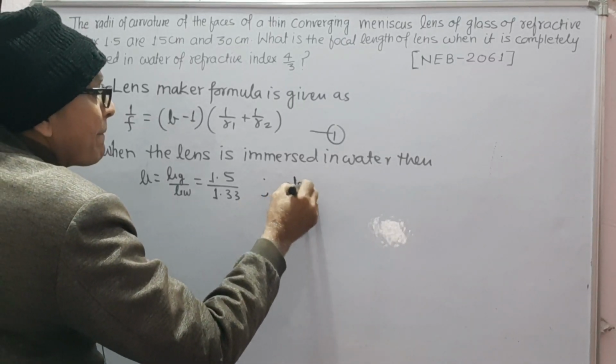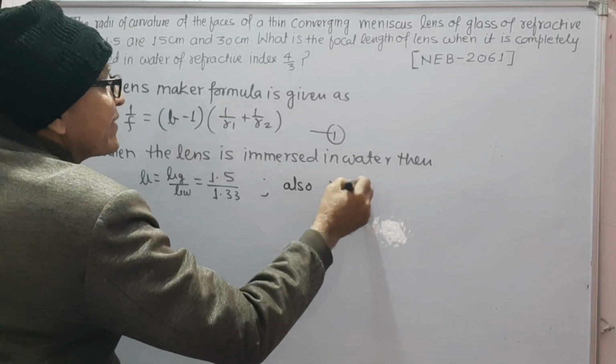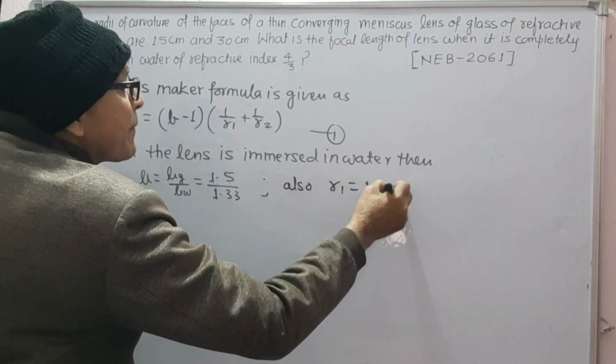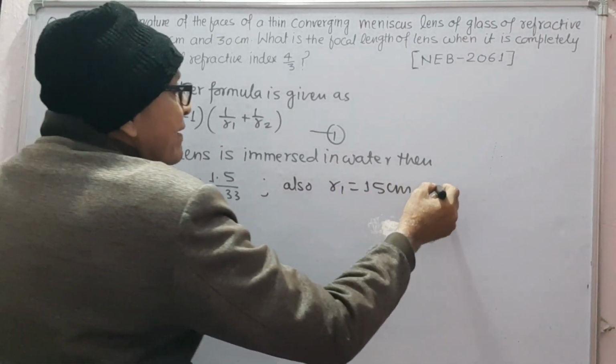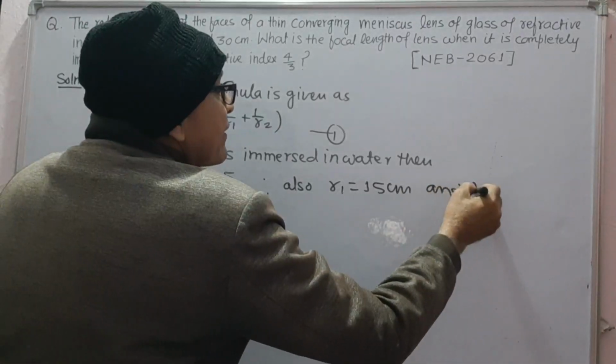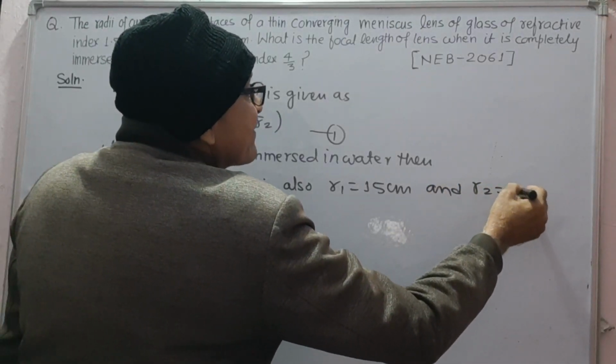Also R1 is given to be 15 cm and R2 is 30 cm.